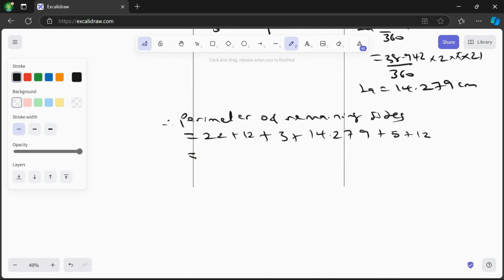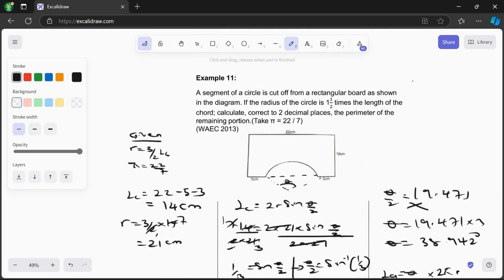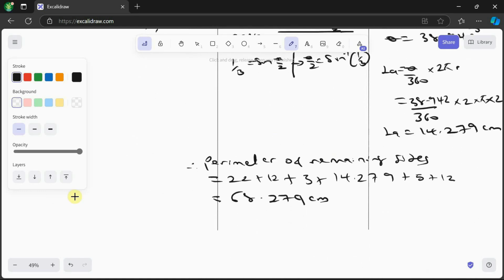This will give me 68.279 centimeters, and it says we should do it to 2 decimal places if I'm correct. Great. So this will be approximately 68.28 centimeters to 2 decimal places.